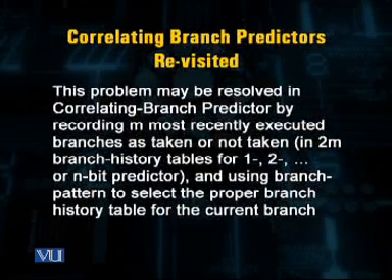So this problem may be resolved in a correlating branch predictor, where we record the M most recent branches as taken or not taken in 2 raised to power M branch history tables for either a 1-bit predictor, 2-bit predictor, or n-bit predictor.